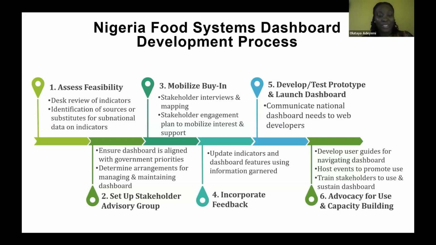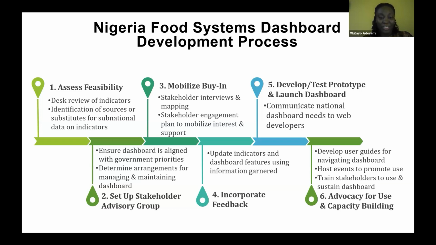So the first step was to obtain the list of indicators on the global dashboard and see if there was a significant number of indicators for which we could find data at subnational levels. Once we had demonstrated that we had a lot of data that could be included, a stakeholder advisory group was set up, including stakeholders from key organizations expected to be involved in the development and management of the dashboard.